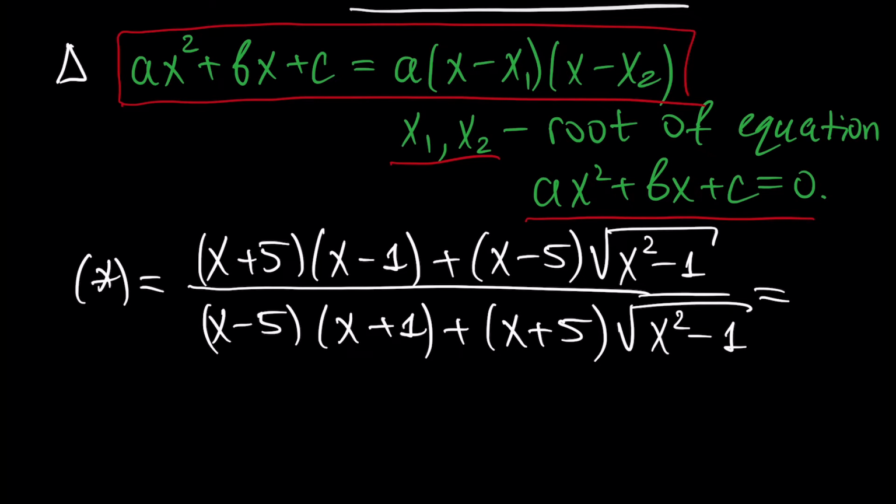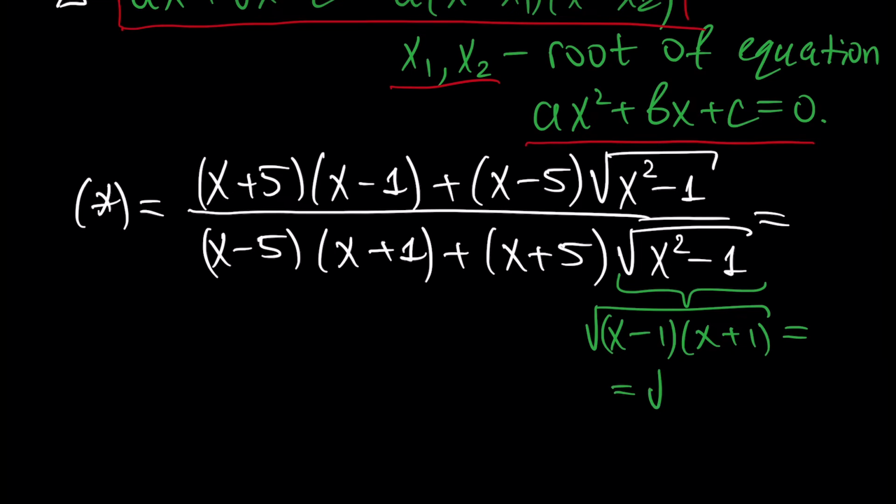And here we know that square root of x squared minus 1 can be written as square root of x minus 1 times x plus 1. And this is equal to square root of x minus 1 times square root of x plus 1.